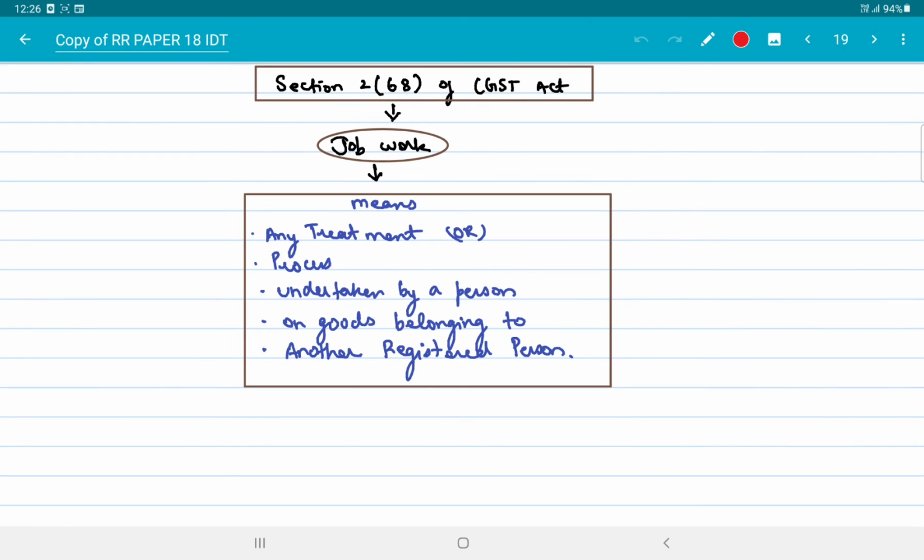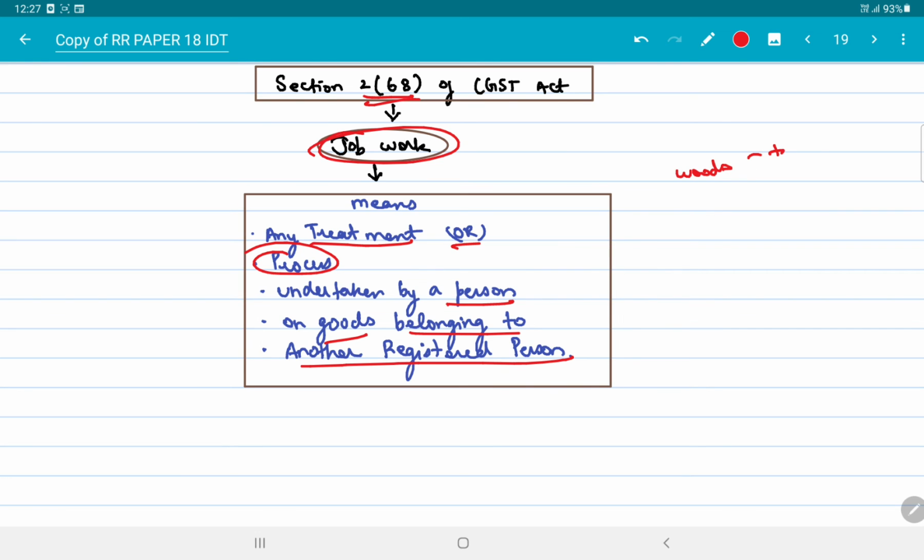Section 2, clause 68 of CGST defines job work. See, job work means any treatment or process undertaken by a person on goods belonging to another registered person. I give wood to Mr. X. He is a job worker.